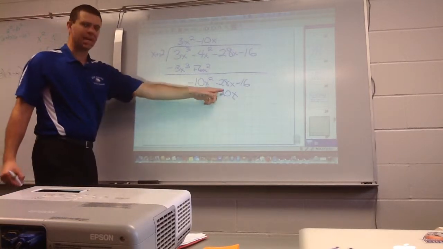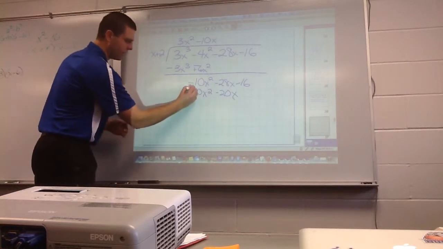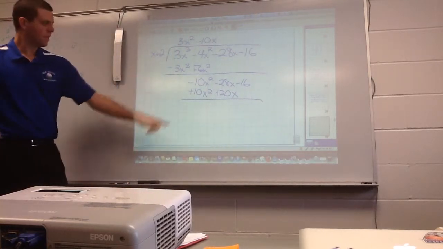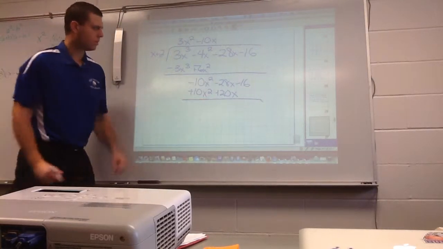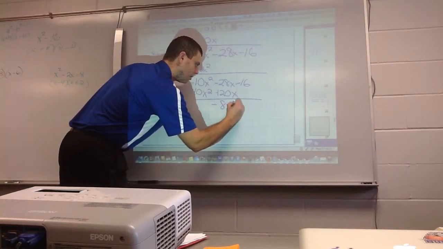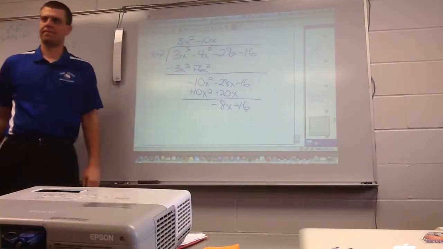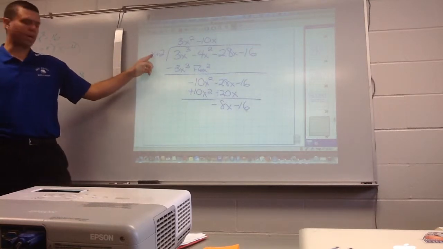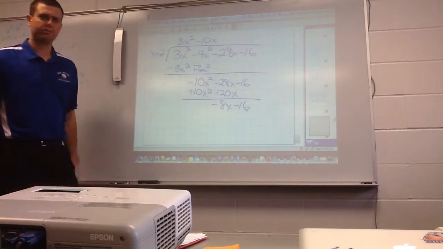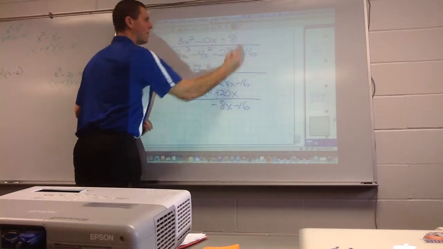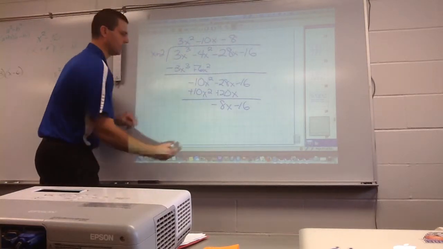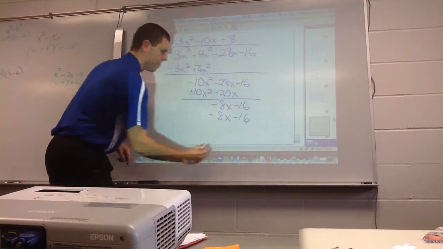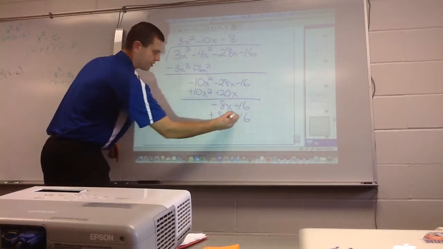Well, when I'm subtracting negatives, I actually end up doing what? Adding. Those cancel. Goes with 8, negative 8x. x times what gives me negative 8x? Negative 8. Multiply by what's in front. Subtract it.